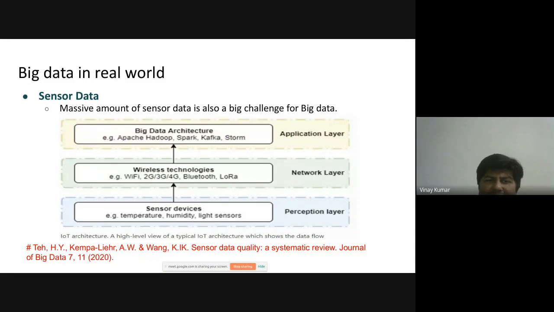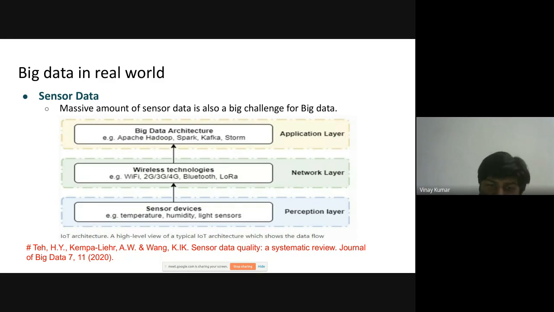Okay, with the emergence of the Internet of Things, and using wireless sensor networks, whenever we go for the Internet of Things, sensor devices are deployed across the globe in a variety of fields, right? Such as healthcare, industry, agriculture, home, and transport.